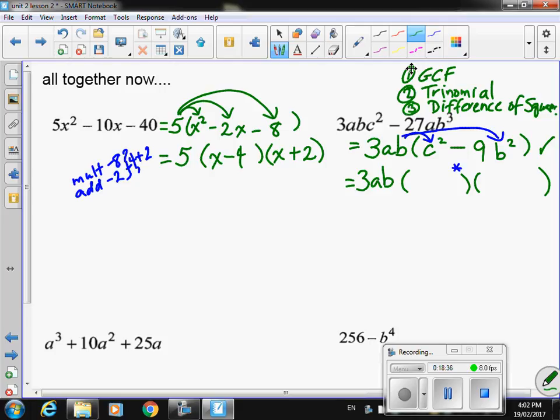One will be positive and one will be negative for a difference of squares. In the first half of both brackets, I would need a letter C to multiply to c squared. At the back half of both brackets, I would need a 3 and b to end up with 9b squared. Now it is fully factored.